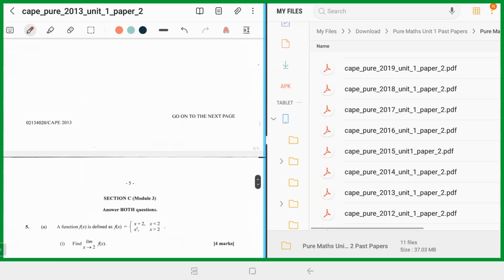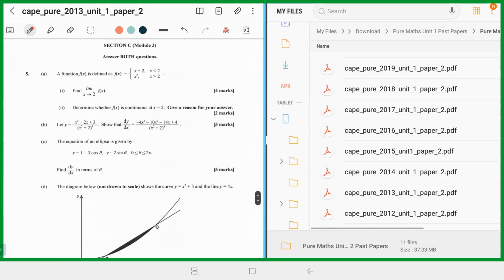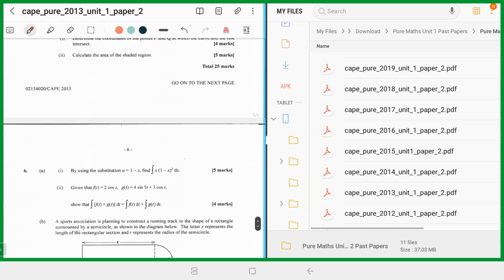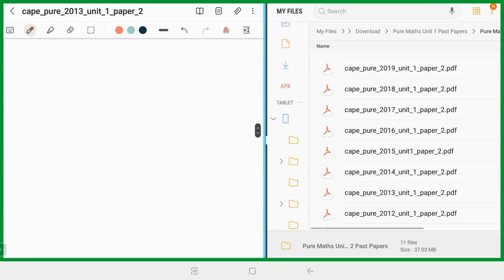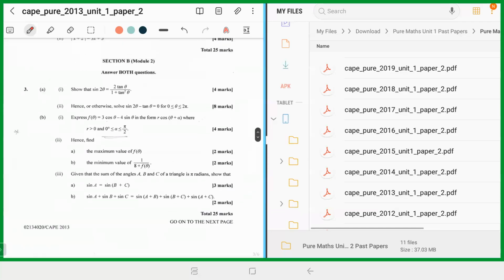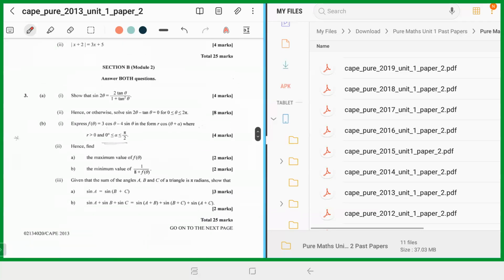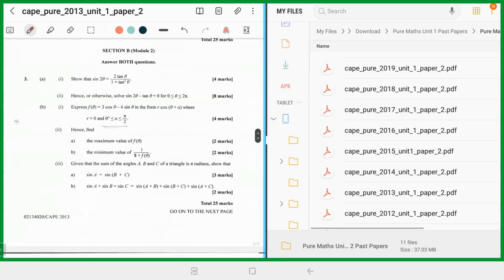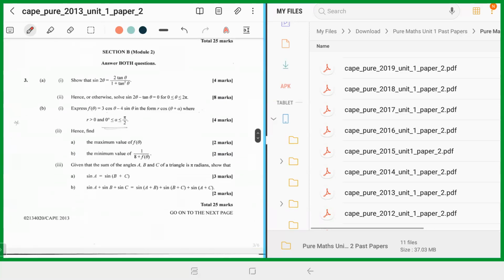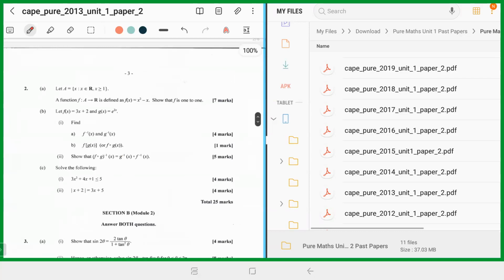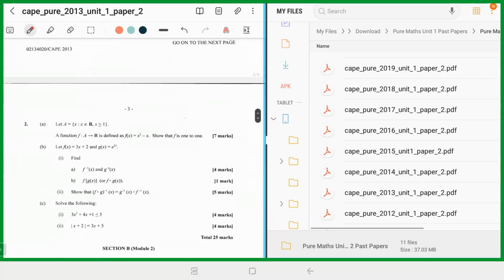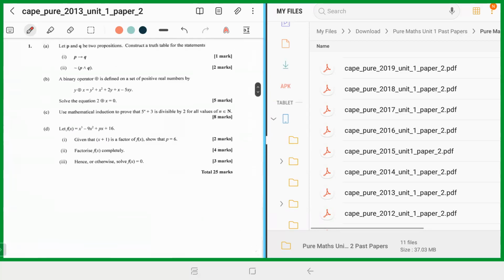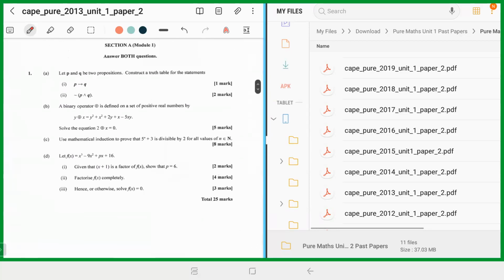There's none on this paper. Surds, logs, indices, none on this paper. All right, there's none on this paper.